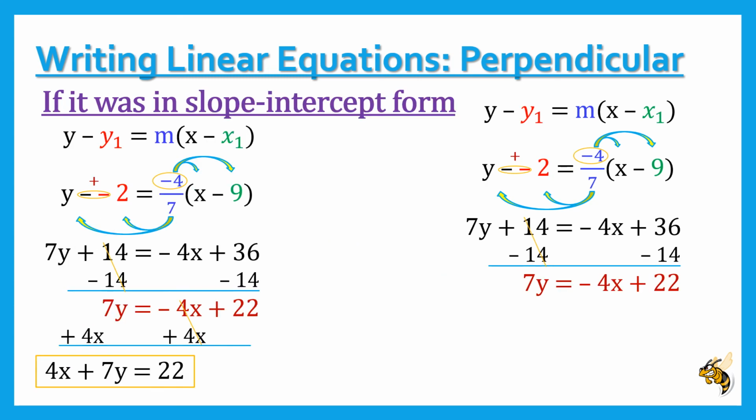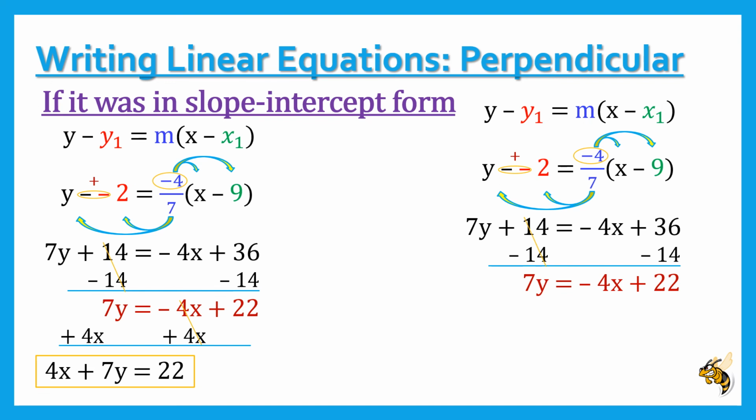Let's just see what I would do if it was in slope-intercept form. If you pay attention, everything is exactly the same regardless of the form. When you substitute, it looks exactly the same. You always move the number on the left. So at this point, both procedures are exactly the same.